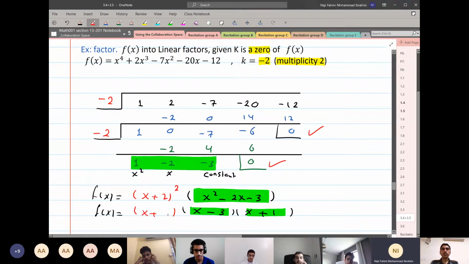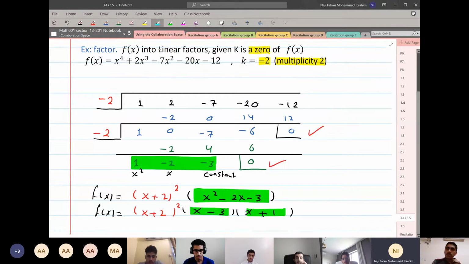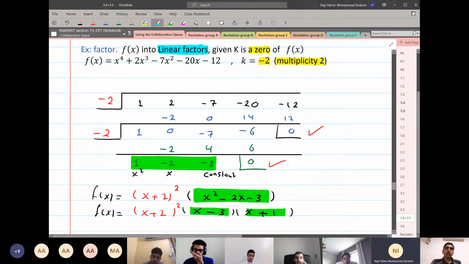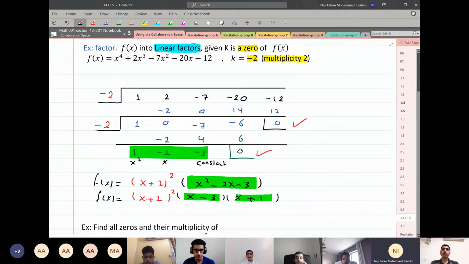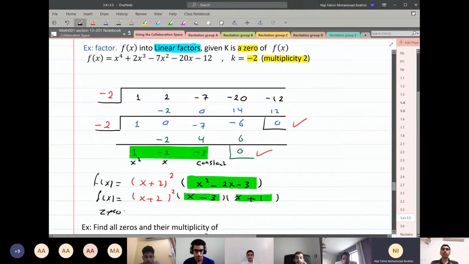Now, what's the power of x inside each bracket? 1. So we say these are linear factors, because the power of x is 1. Now, what are the zeros for this polynomial? We have -2, 3, and 1.